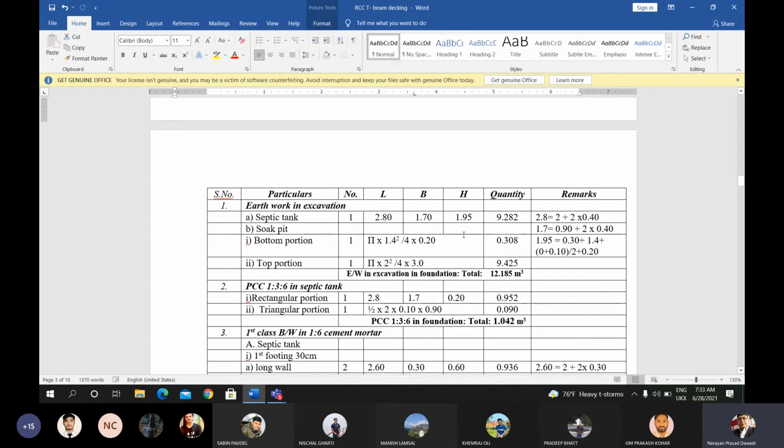For checking purposes, the dimension that is not mentioned directly in the drawing has to be provided in the remark column. This is the way of calculating the quantity. Now length, breadth, height, and the number are multiplied, and you get the value of 9.282 cubic meter.